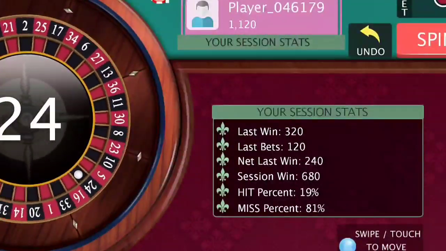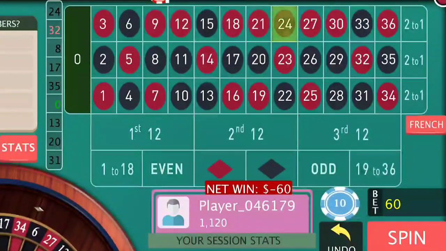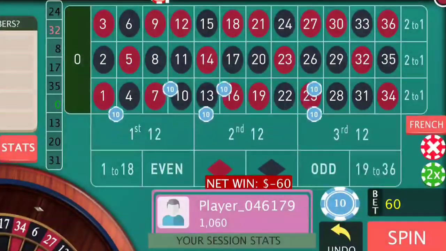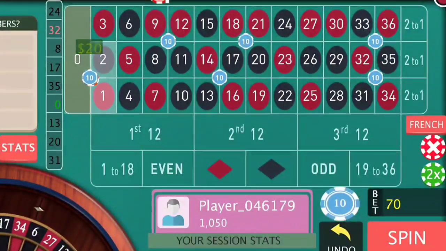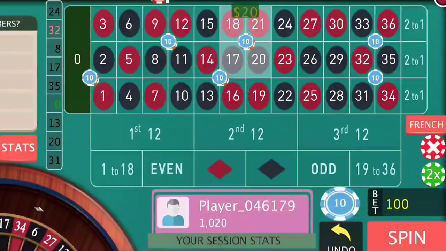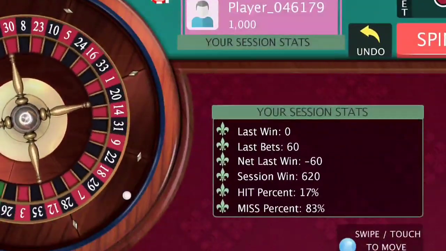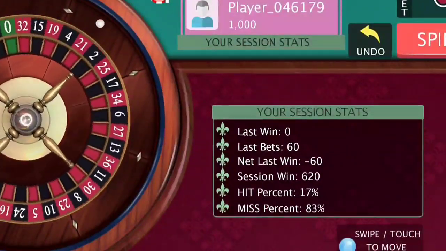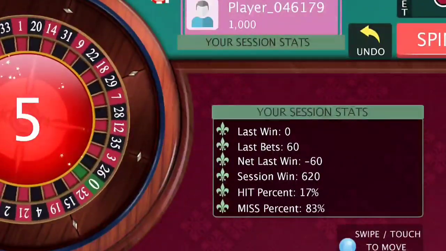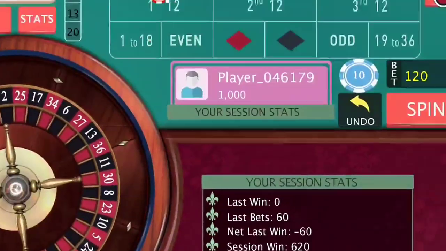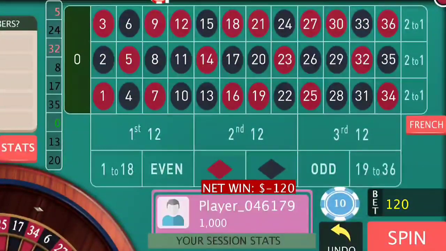It's 24. I lose here. So what I need to do is rebet and add one more unit to all 4 or 5 or 6, whatever number of corners you have covered, to increase the bets after every loss. It's number 5. Again a loss.